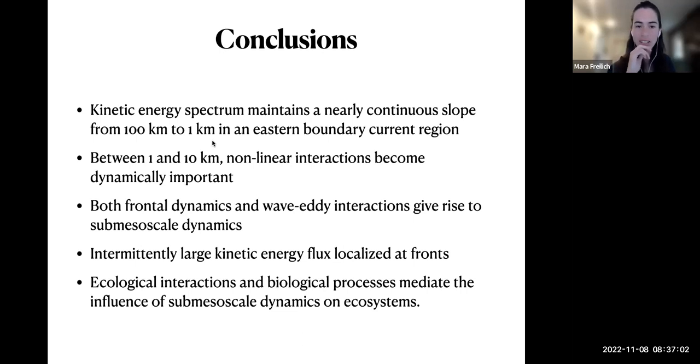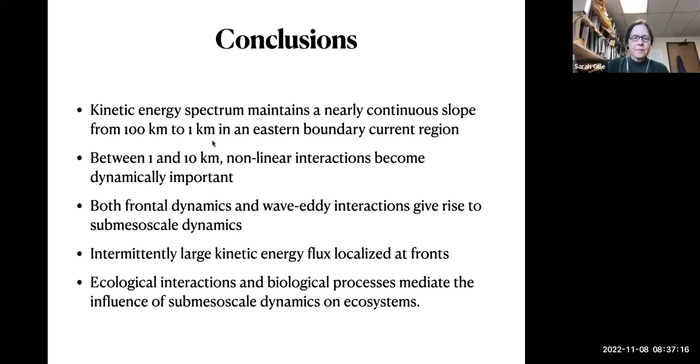And that is a challenge for observations. If you're not able to take synoptic observations, it could be very challenging to accurately observe these submesoscale fluxes or kinetic energy fluxes.